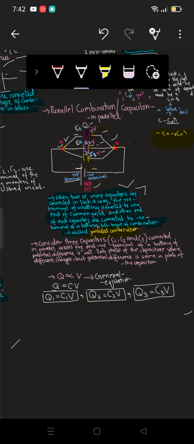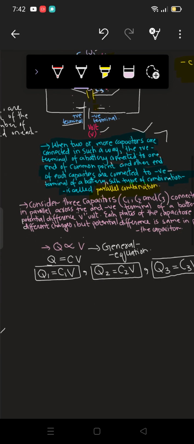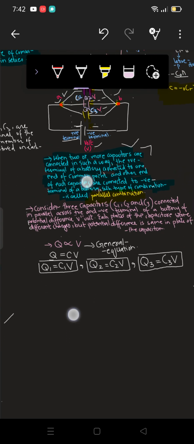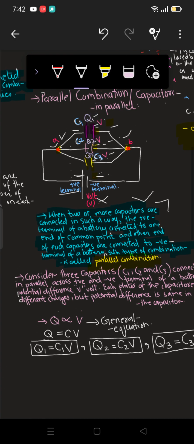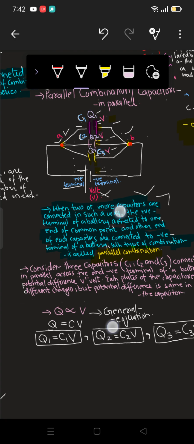Then we considered three capacitors C1, C2, C3, connected in parallel across the positive and negative terminals of a battery providing a potential difference of V volts. Each capacitor stores different charges Q1, Q2, Q3, but the same potential difference is provided to each capacitor.